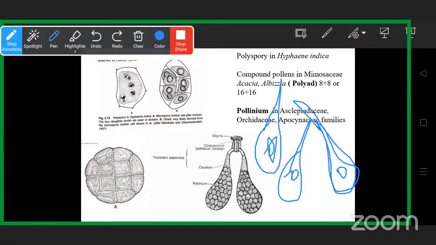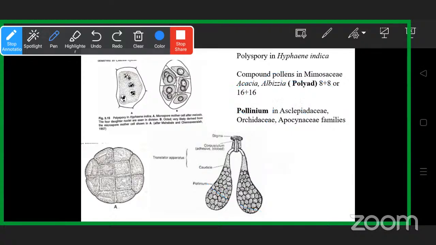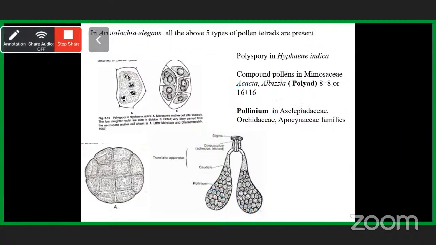The two pollen sacs, each having pollens inside, have a larger number of pollens. There is an advanced type of pollen formation in two families, Asclepiadaceae and Asteraceae. And one more is there, another very important one.